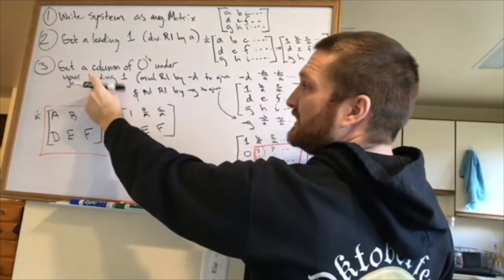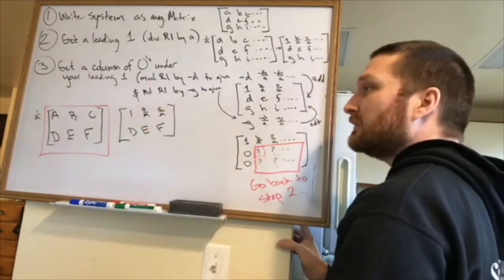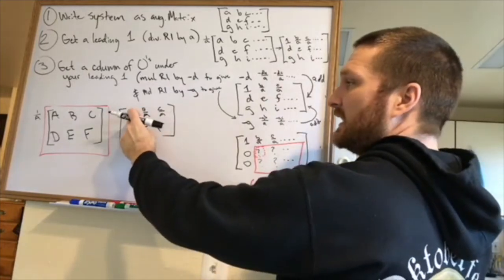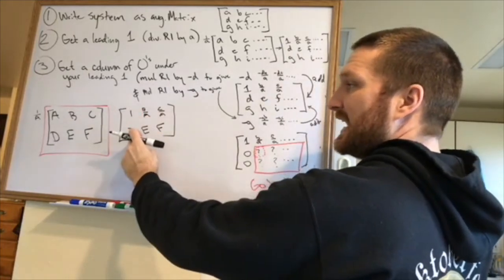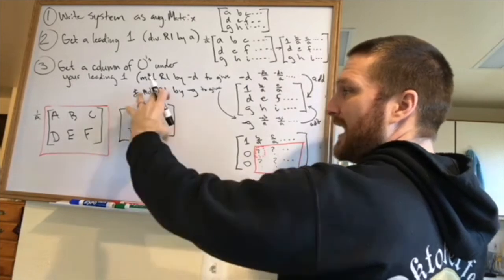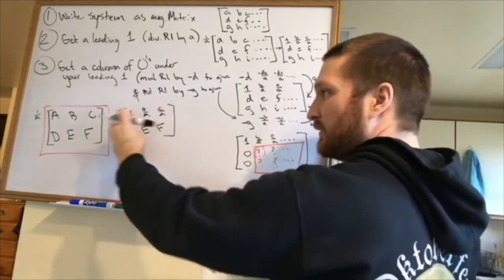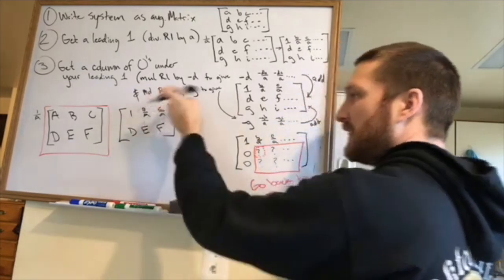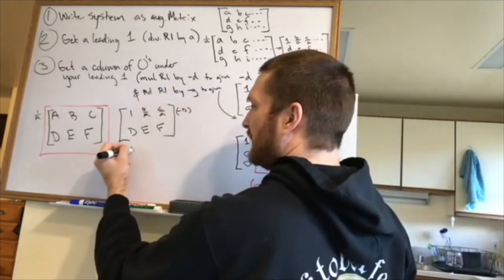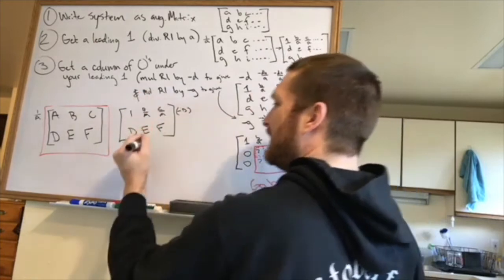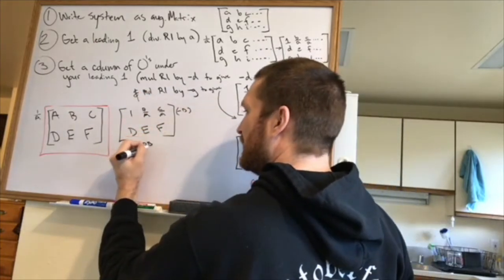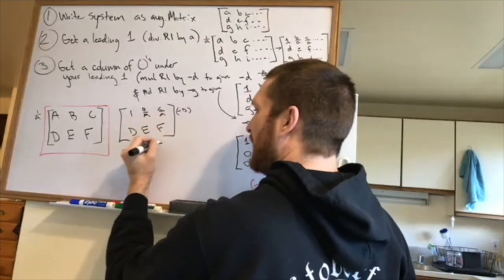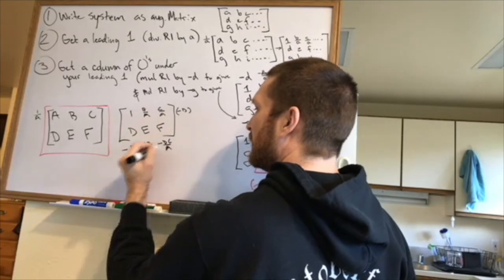Get a column of zeros under your leading 1. Well, I need to multiply this by negative D in order to add them together to get a 0 here. So multiply by negative D. That gives me, I'll just write it down here, negative D, negative D times B over A, negative D times C over A.